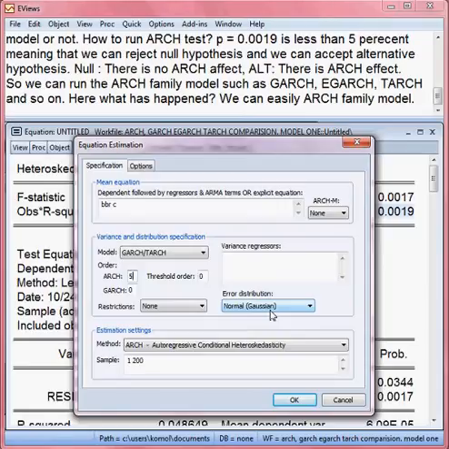Then I run this model, and here we shall always choose the normal distribution to compare among all the models. Okay, so I choose 5, then I can run the ARCH model.